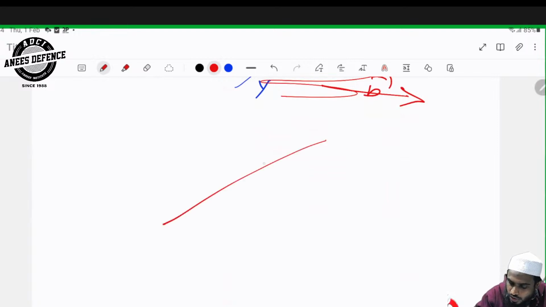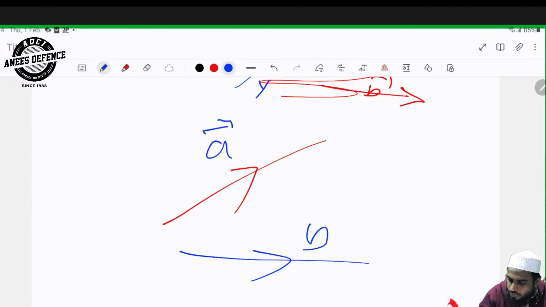If you are considering any two vectors A and B, not three vectors, any two vectors are always on the same plane. If two vectors are on the same line, you will call them collinear. If two vectors are on the same plane, you will call them coplanar vectors.